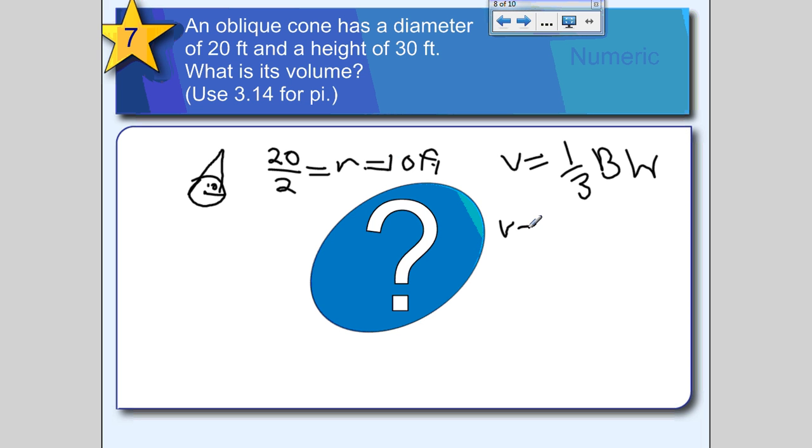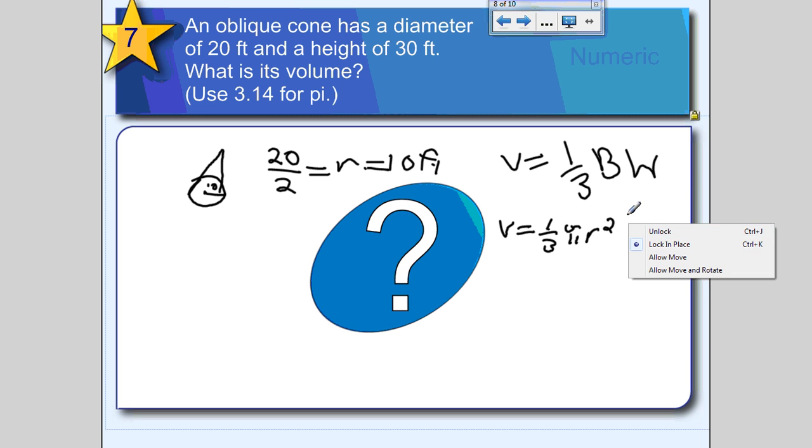Volume equals 1/3 pi r squared times the height. Alright, so my r is 10 because we just found that it's our radius.